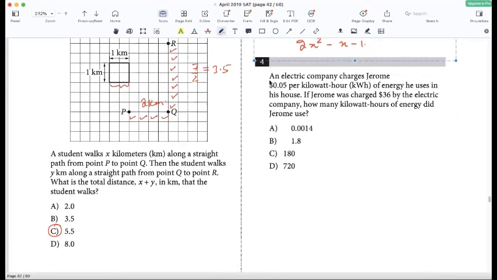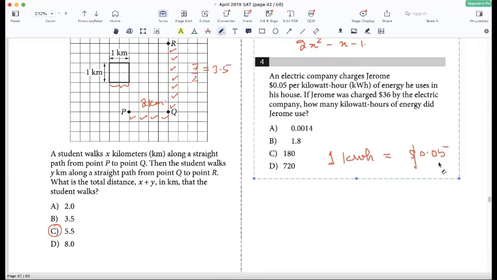An electric company charges Jerome $0.05 per kilowatt hour of energy he uses in his house. If Jerome was charged $36 by the electric company, how many kilowatt hours of energy did he use? So for 1 kilowatt hour, he needs to pay $0.05, right?